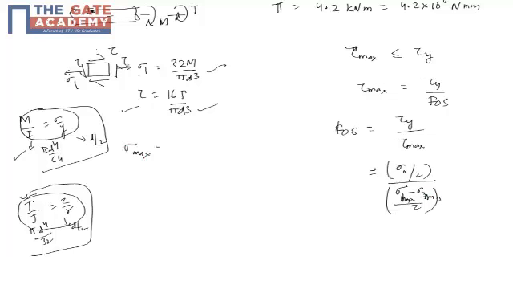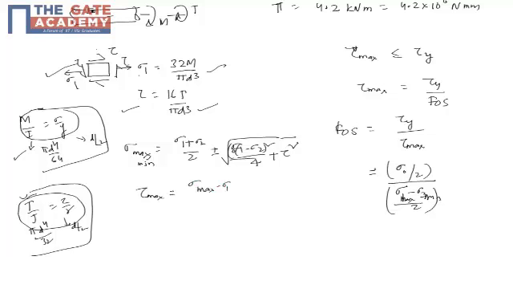The principal stress for a 2D state of stress is given as sigma 1 plus sigma 2 by 2, plus or minus, so that covers both max and min, square root of sigma 1 minus sigma 2 by 2 whole square plus tau square. Obviously tau max is the difference of the maximum principal stress minus the minimum principal stress by 2.